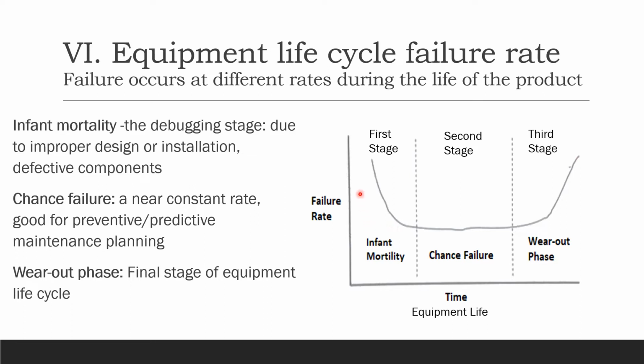In the beginning, the failure rate is not that much, because you haven't started the system yet, so it usually goes down. If you look at it, it looks like a bathtub, so we call the equipment life graph the bathtub curve, failure rate over time. The graph looks like this kind of shape.